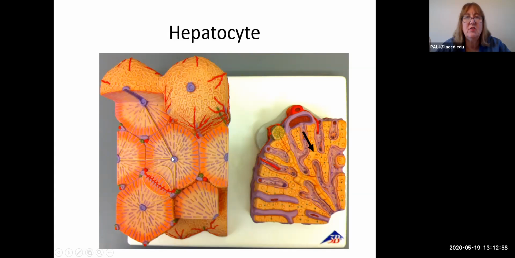In between the two, what we have are rows of liver cells called hepatocytes. You will notice that usually it's only a single or a double row of hepatocytes, so that the hepatocytes all have access to that incoming blood for detoxification.